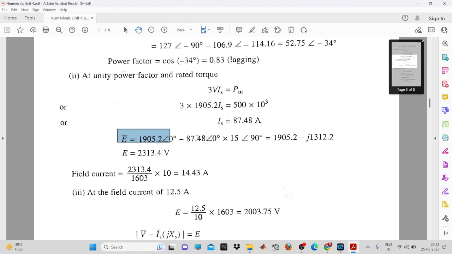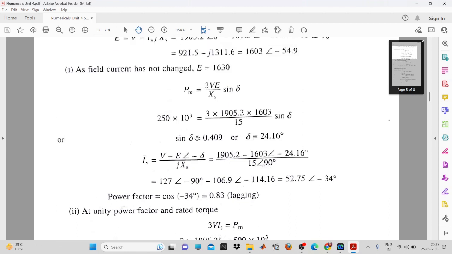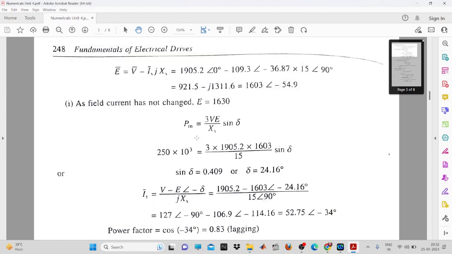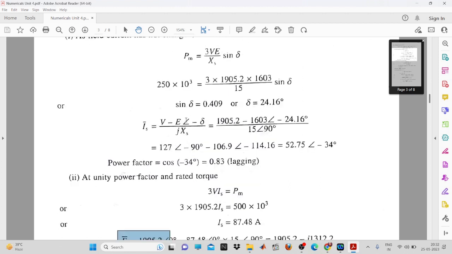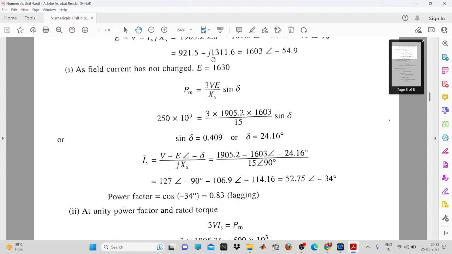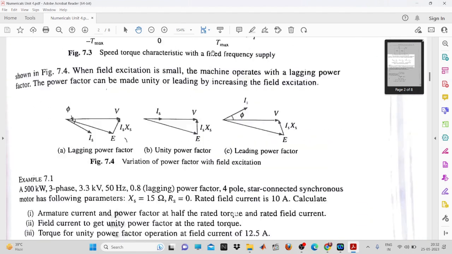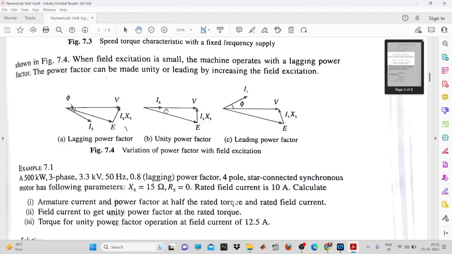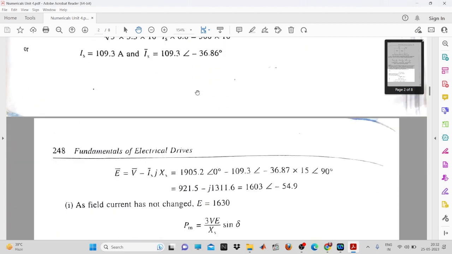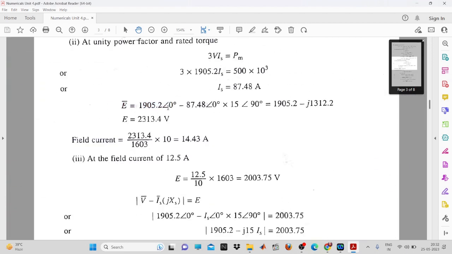So why every time do we have to calculate it? Because you can see the previous problem is the same, but in this case the power factor is unity, meaning an improved one, so E will be the improved one. So that's why we have calculated E, and as you know it is proportional.